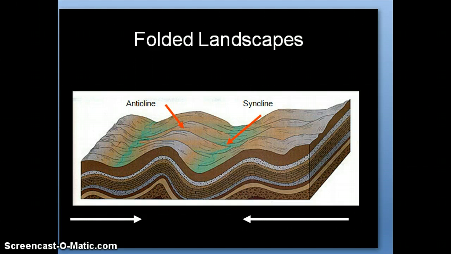But you get these different layers of rock that respond by the compression of these two areas as they're moving toward each other. And so some fold down into a syncline, or they sink. Some fold up into an anticline or a ridge. And they may fold or deform to a certain point, and then they may actually crack or break and have a fault. So you could have both events happening.